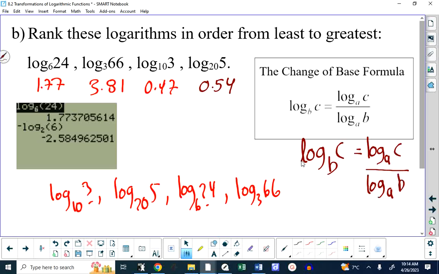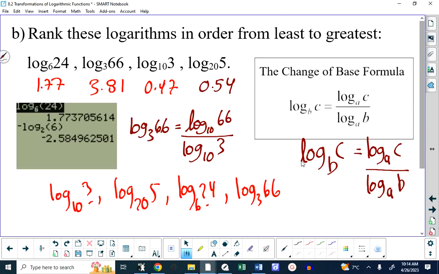Which means, for example, log base 3 of 66 is log base 10 of 66 over log base 10 of 3. And you will get that 3.81.